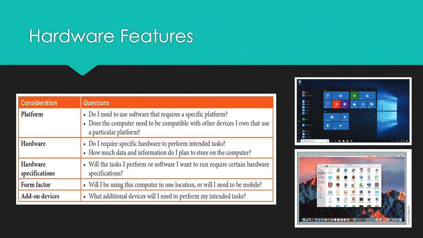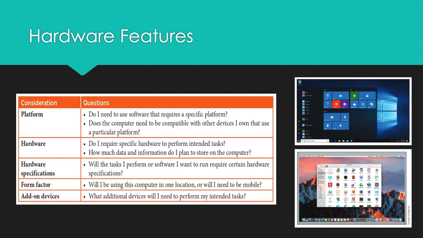So prior to that, when we want to buy a PC or a laptop, the first thing is what features they have. Most importantly, what software you want to run on it. Windows 10, I don't know what's the latest Windows today, Windows 8.